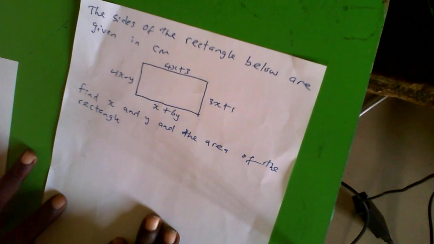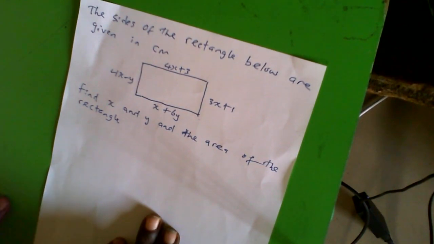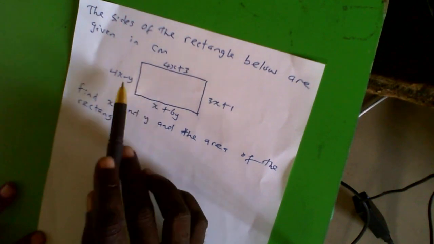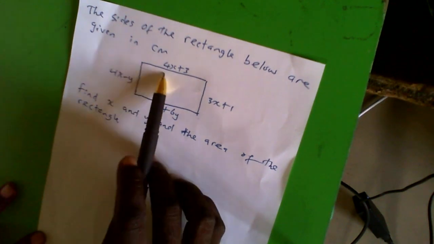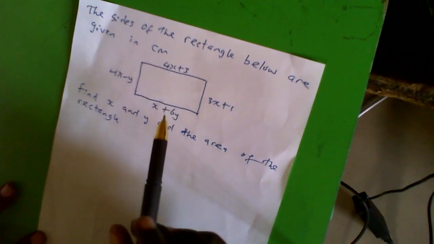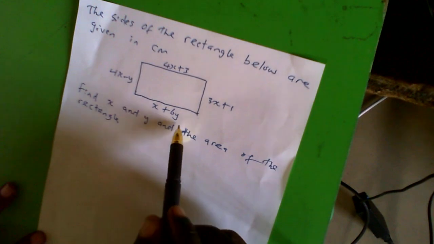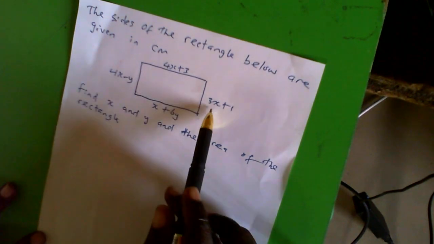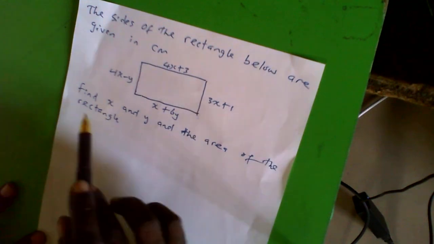Now we have a problem to solve today. The sides of a rectangle below are given in centimeters. So this is a rectangle and the sides are given: 4x plus 3, at the bottom x plus 6y, the side 4x minus y, and the other side 3x plus 1.